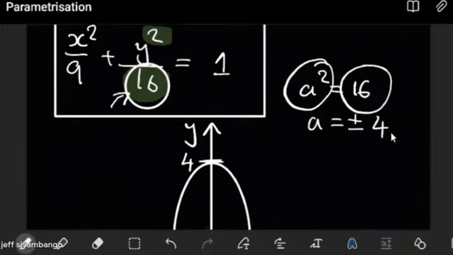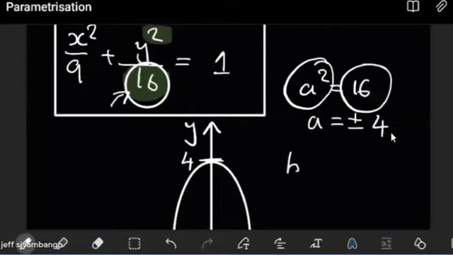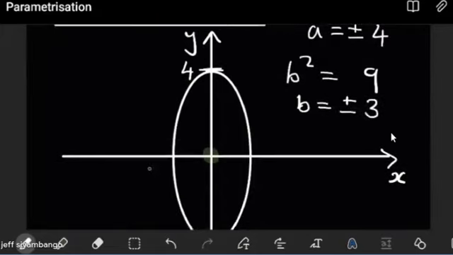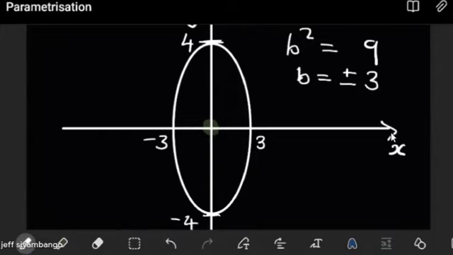So in the same way, it's not b equals 9, but b squared equals 9. You get that? So b will be equal to plus or minus 3. So this part is minus 3 and this part is at 3. Just doing this is enough for our ellipse, so we have completed our question.